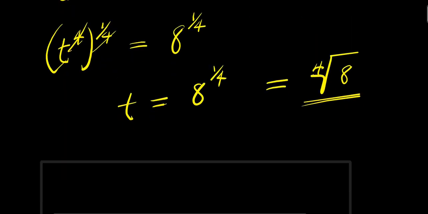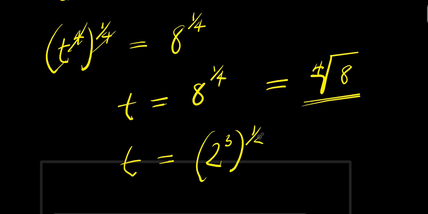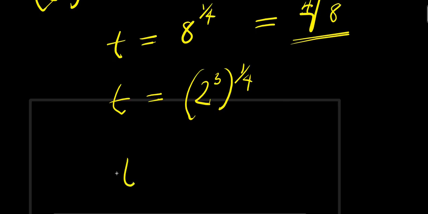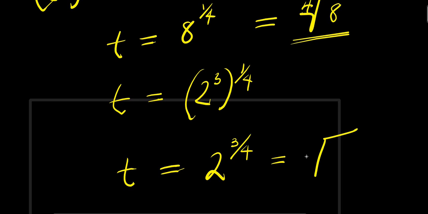And remember, 8 is 2 power 3, so we have t equals 2 power 3 power 1 over 4. And from here, you have t equals 2 power 3 times 1 over 4. This is 3 over 4. This also is fourth root of 2 power 3. And 2 power 3 is 8. This is fourth root of 8.